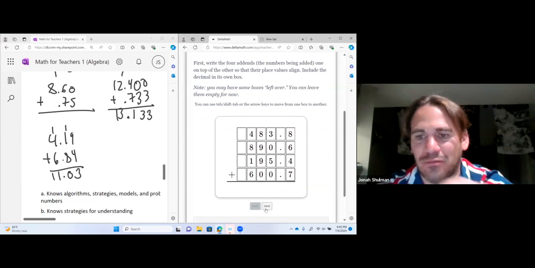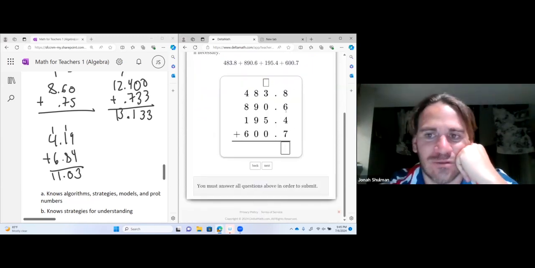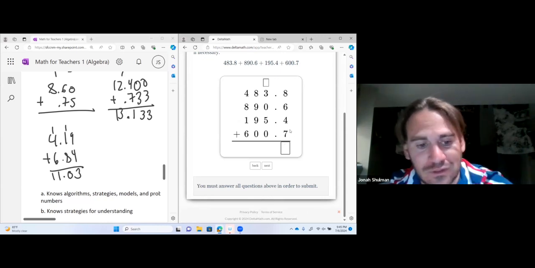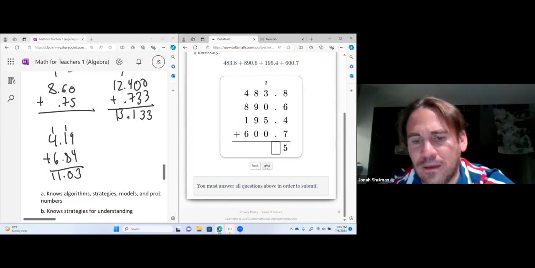600.7. Beautiful. All right. That's 10. 6 and 4 is 10. That's how I always do it. 8 and 7 is 15. So there's a 5, and we are at 25. There's my decimal. 5 and 8 plus 2 is 10. Carry the 1.